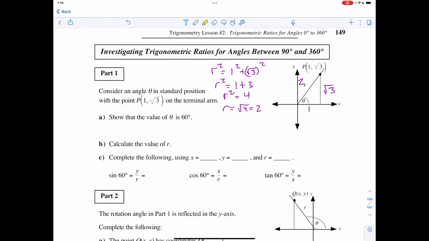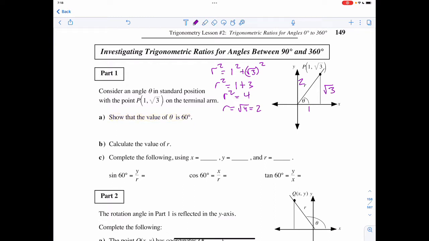Now I know that it asks us to do that for part B, but I typically jump right into there to find what all the values are right from the get-go. For part A, it says show that the value of theta is 60 degrees.